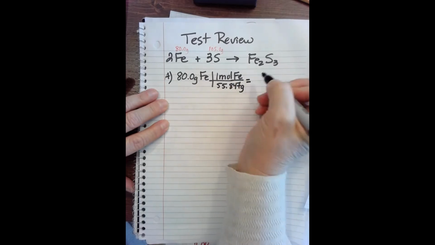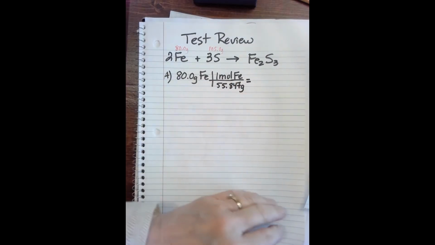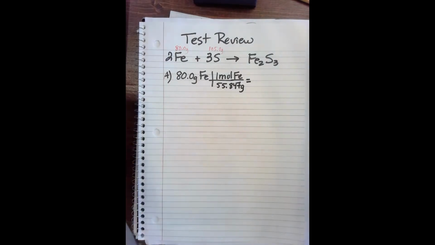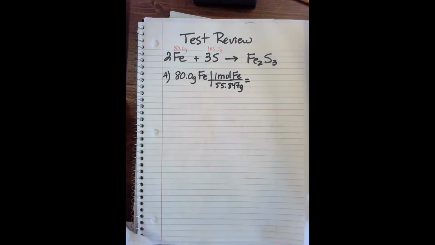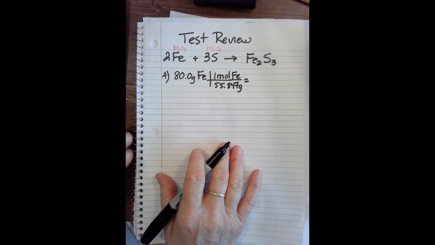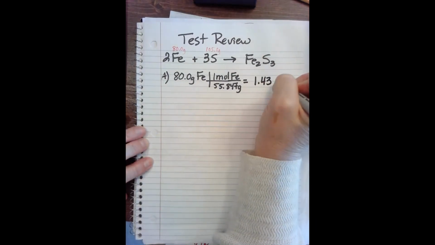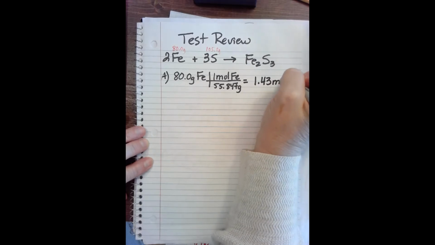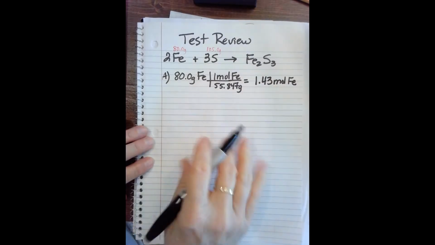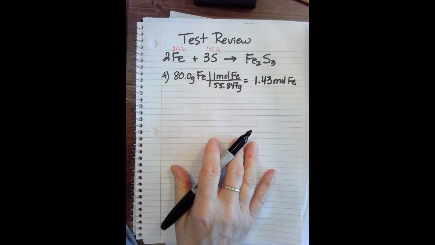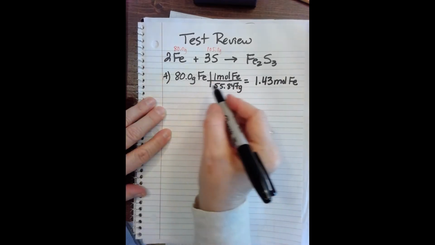Then we're going to grab our calculator and do that calculation. I already have these done, so I'm going to move a little bit through this. So that's 1.43 moles of Fe.